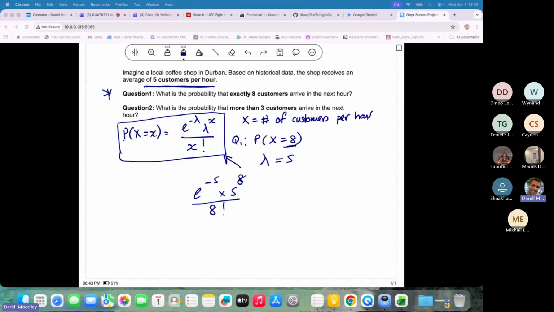We need to enter that in our calculator and then hit equals. If you do that, the value you will get is 0.0653. In other words, 6.53%. That is question 1.